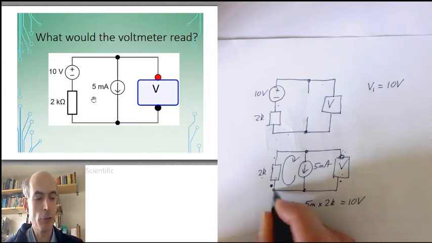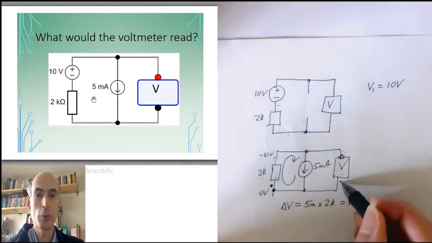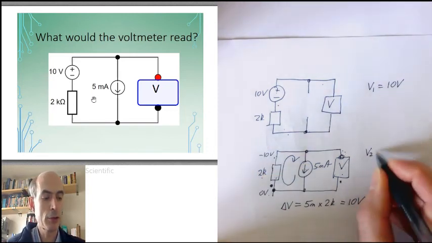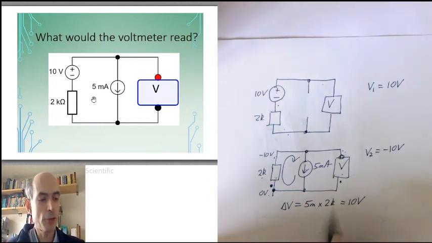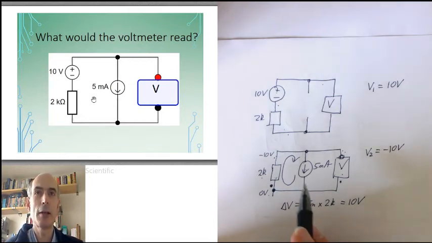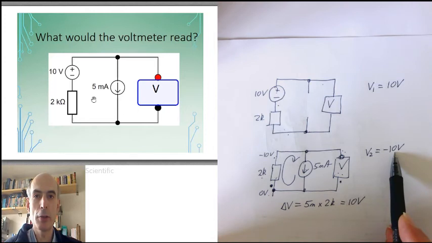If I defined the voltage here as being 0, then the voltage here would be minus 10 volts. And that's what the voltmeter would be reading in this case. My second contribution to my voltage is minus 10 volts. Well, that suggests that if I built this circuit and I turned both of these sources on, the voltmeter would read nothing. Because adding up V1 and V2, the contributions from the voltage source and the current source, would give me a total of 0.